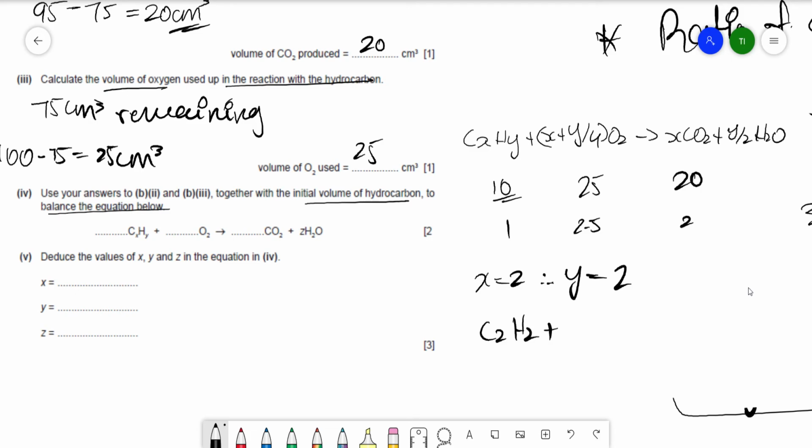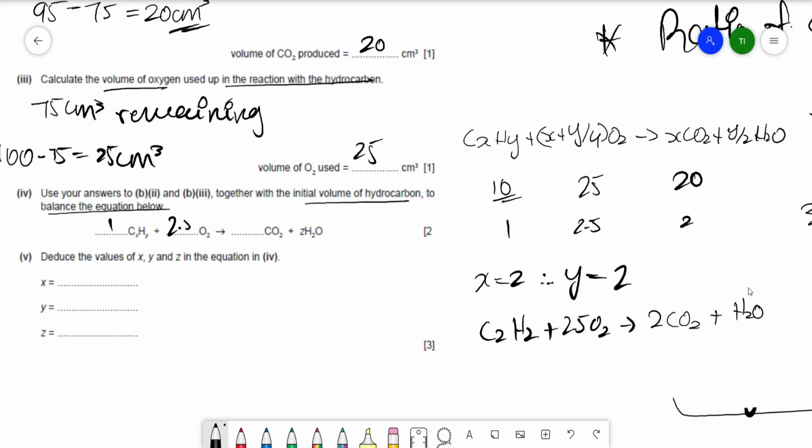C2H2 plus (x plus y by 4), that's 2.5 O2, which would give you xCO2, 2CO2, plus y by 2 H2O. What's y? Y is 2, so y by 2 is 1 H2O. Well, since it's 1, you don't write it. And therefore, now you bring this equation here. So what is the coefficient here? Which is x, so it's 1, right?